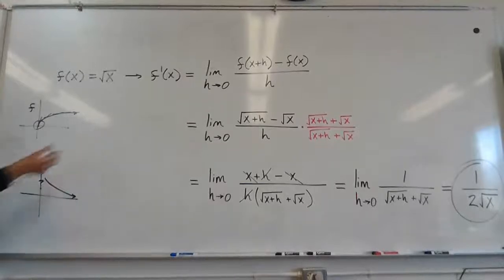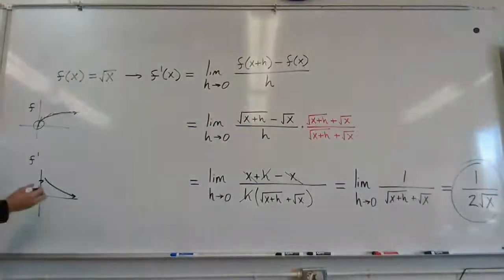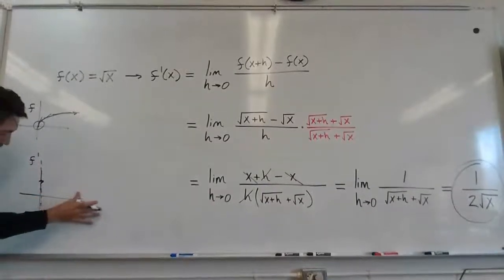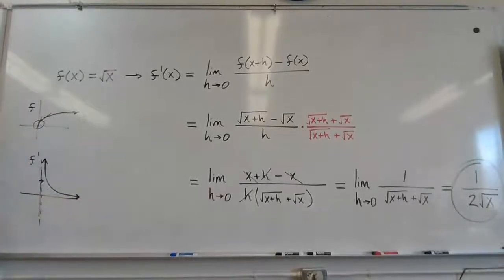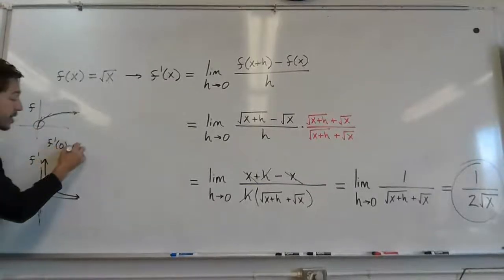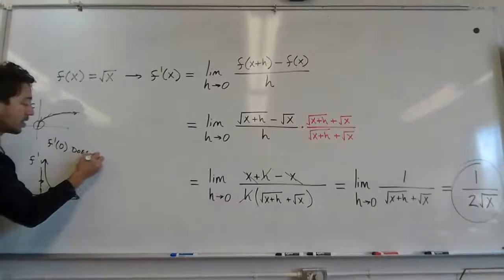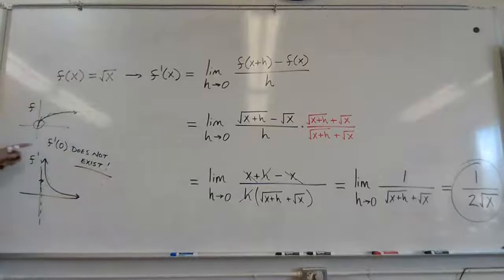So anyway, we now have an answer to this question, because what actually happens as x approaches 0? Yeah, there's actually an asymptote on this derivative function. And so this curve, very interestingly, it turns out that there actually is no derivative. So f prime of 0 is undefined or does not exist. Okay, right?